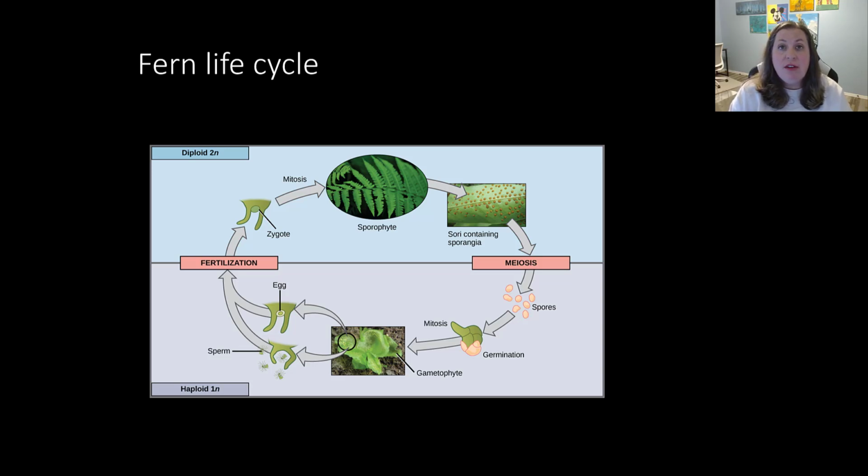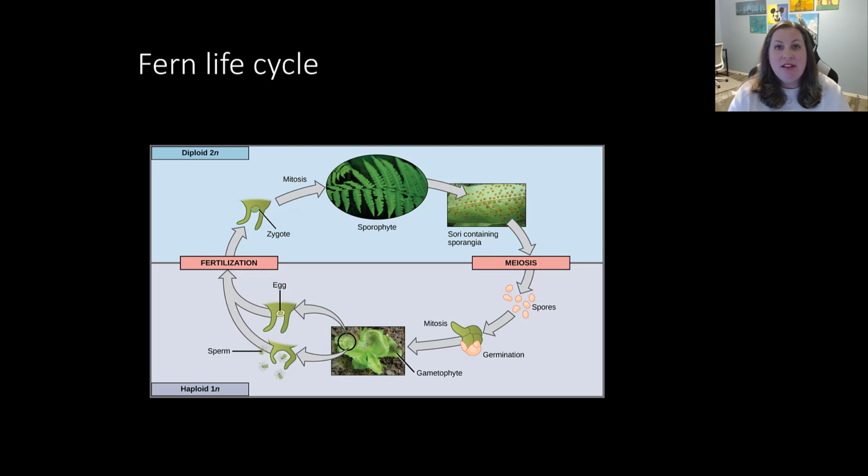These structures are then responsible for creating the actual spores, and they do this in the structure called the sori or the sporangia. They're those orange-like areas, and it kind of looks like little grains of sand or pollen is kind of what it looks like, but they are spores. Those spores get released, and when they get released, they are going to then disperse the species, growing into that little heart-shaped gametophyte that we saw in the picture.